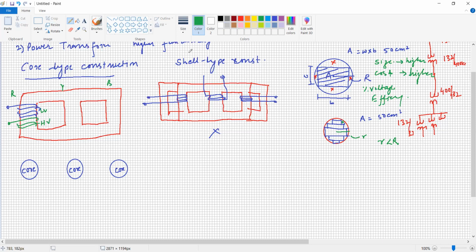Next, which winding is to be placed next to the core? The core is at zero potential, okay?